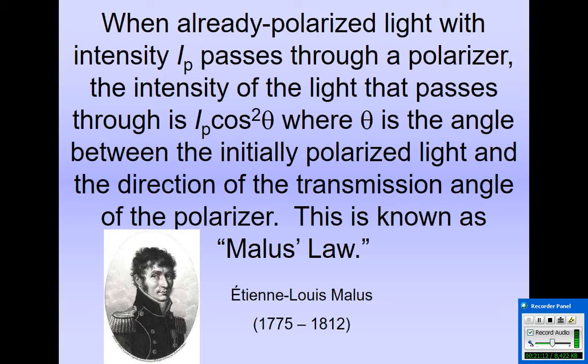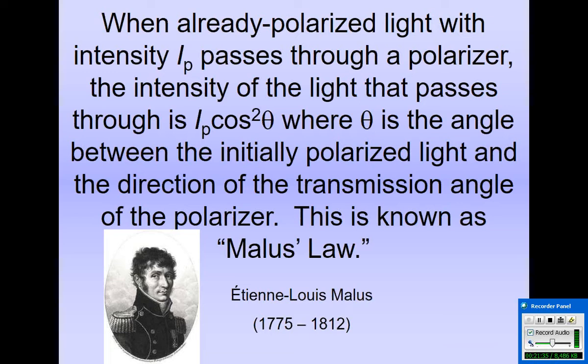But if the second polarizer has a transmission axis that makes an angle of theta with respect to the transmission axis of the first polarizer, then the surviving light that passes through the second polarizer will have an intensity that drops by a factor of cosine squared theta.